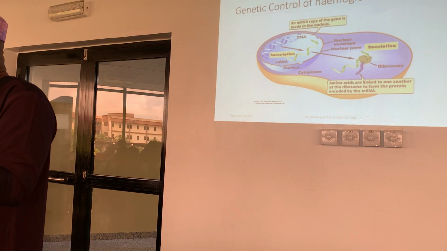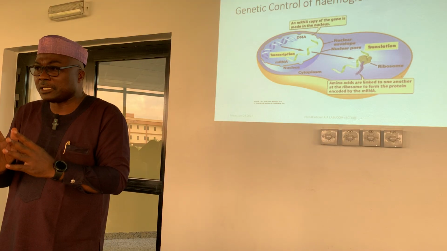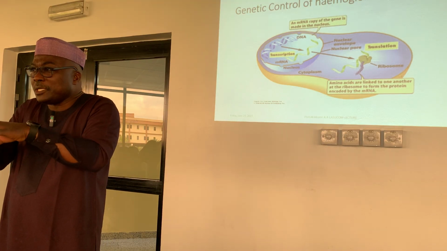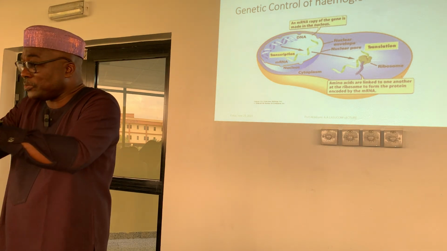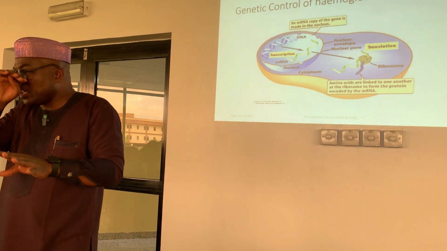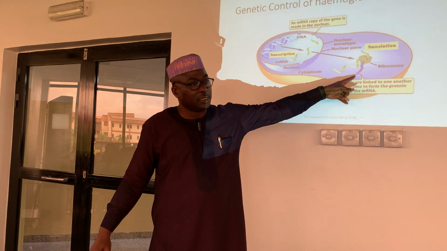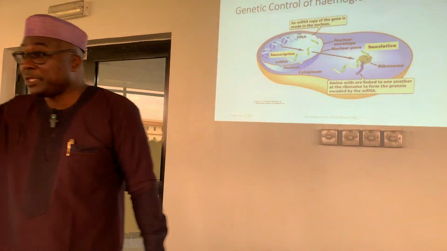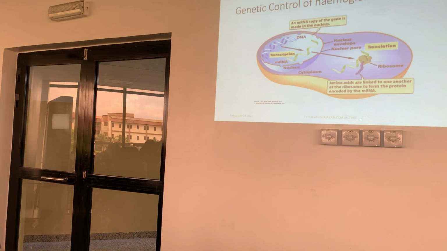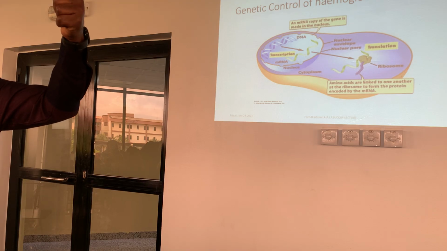I hope that is clear. In the nucleus, the body will cut off the non-coding part and merge the coding part, so it becomes smaller again and is sent out of the nucleus to the ribosome. In the ribosome, protein synthesis of the polypeptide chains, the globin alpha, beta, delta, zeta, will start, based on the nucleotide arrangement in the DNA.